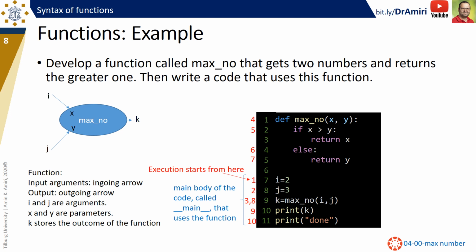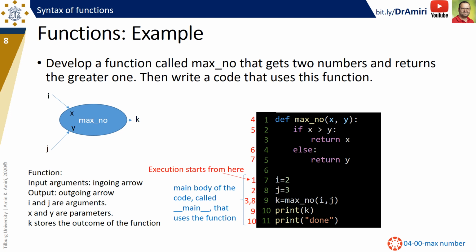for max_no. Here, the execution in Python jumps to the signature of the function, which is in line 1. x and y are the parameters of this function. They are set to 2 and 3 respectively. And after that, line 2 is executed. x and y are compared.